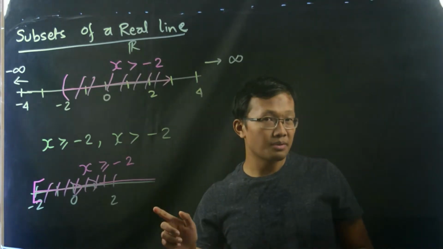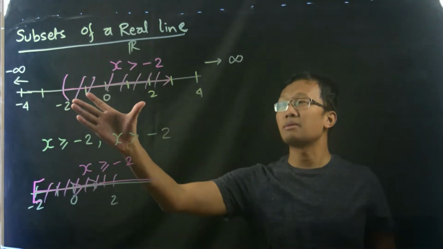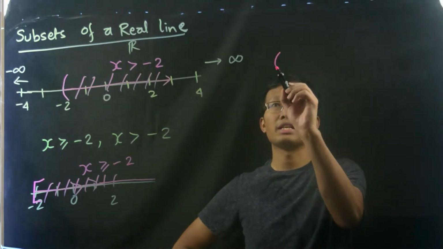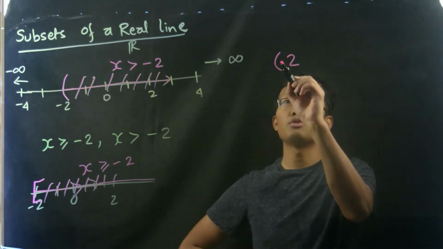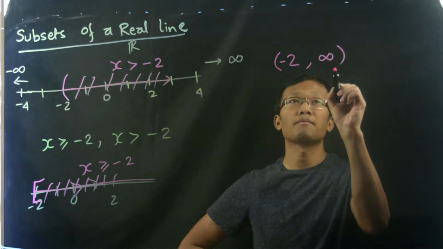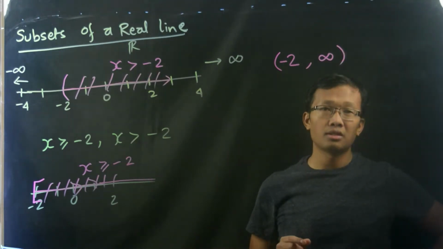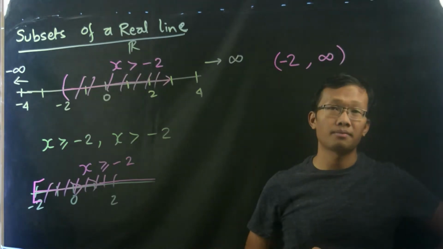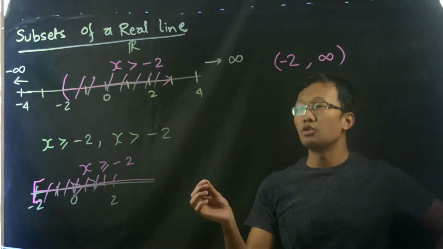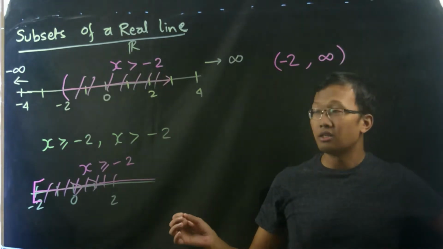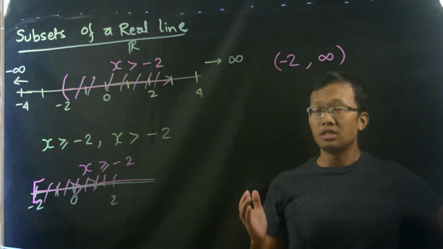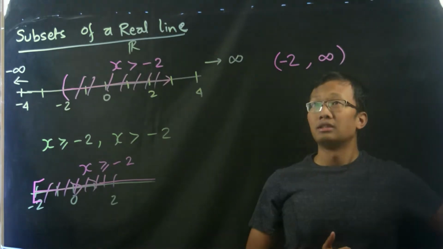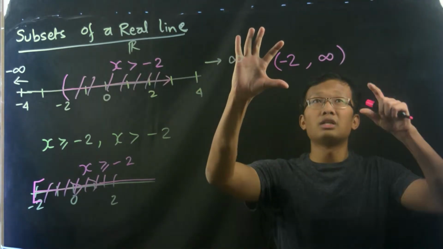Now the subset represented by this graphed region would be written as -2 up to infinity. x greater than -2 means -2 is not included, so we use a parenthesis. Greater than -2 means it could be -1.99, -1.5, 0, 1, 2, 3, 1.1, 1.2 or something. So this is the notation for this.